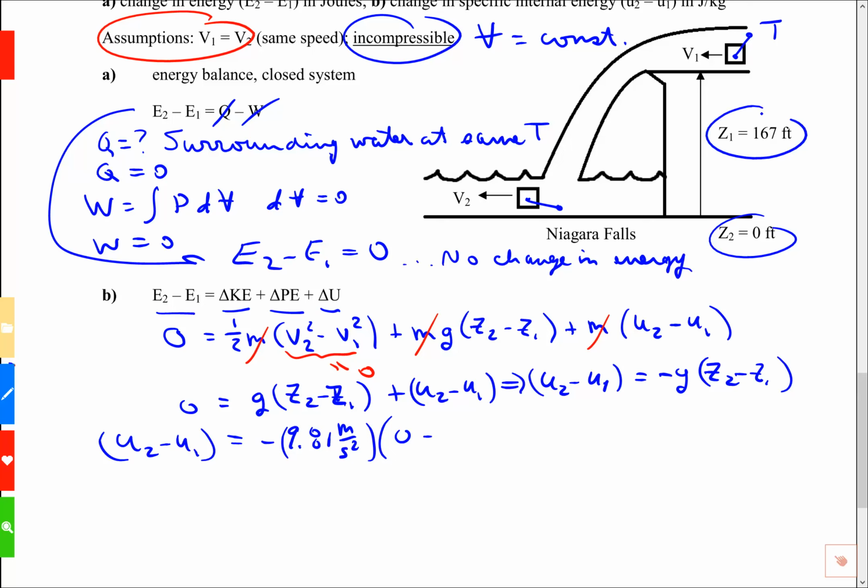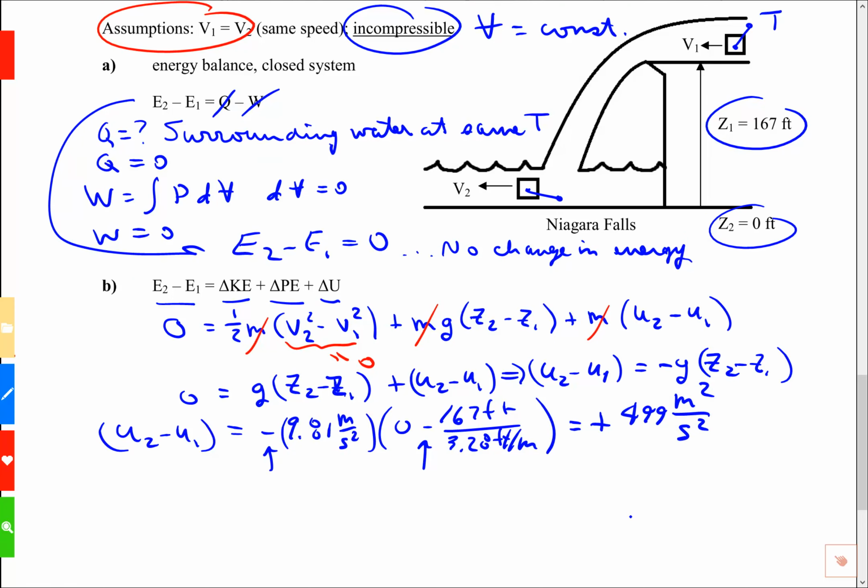And then at the top, it's 167 feet. Let me convert that to meters by dividing by 3.28 feet per meter. And when I turn the crank on that, I'm going to get a minus, and a minus is going to give me a plus 499 meters squared per second squared.